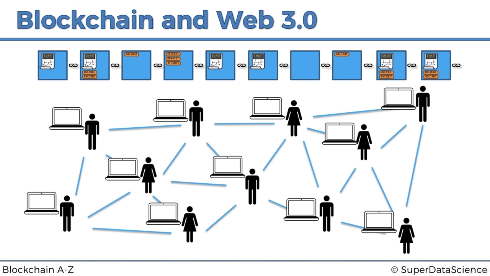We can have a social network which doesn't belong to anyone. It just runs. It just exists, and it's crowdsourced, and people add to it and take away from it, and we all vote on how it develops. So a very democratized approach where we all have control over it.